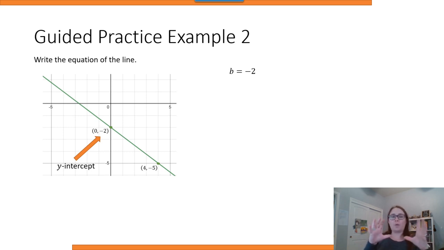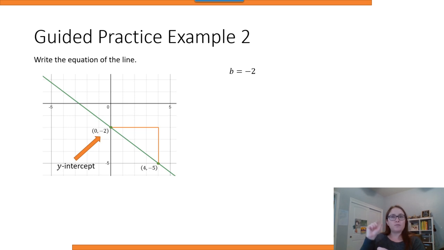To do it just using the graph, we're going to plot a course along the grid of our graph paper from one point to the other. So it ends up forming a triangle, where the hypotenuse of that triangle, the longest side, is the line that I'm trying to come up with the equation for. And then the legs of the triangle are the way that I would get from one point to the other following the grid lines.